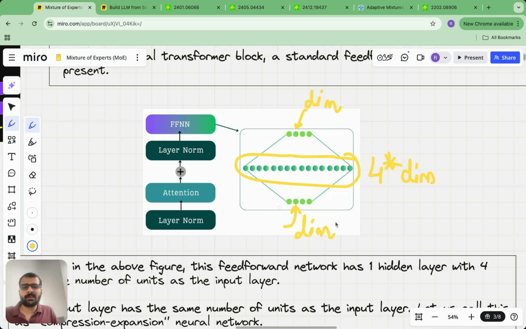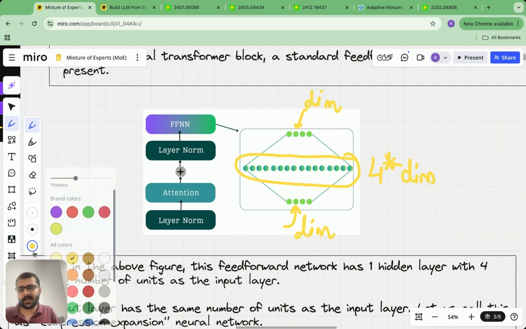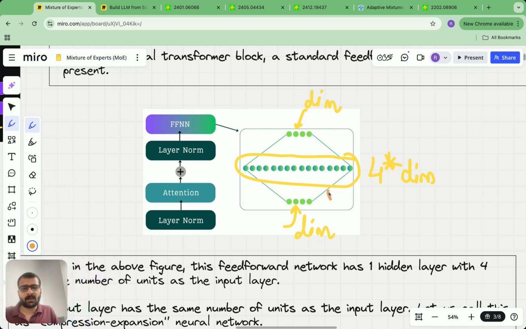So I like to call this neural network the expansion contraction neural network. There is an expansion when we go from the initial layer to the hidden layer, and then finally there is a contraction from the hidden layer back to the original dimension.